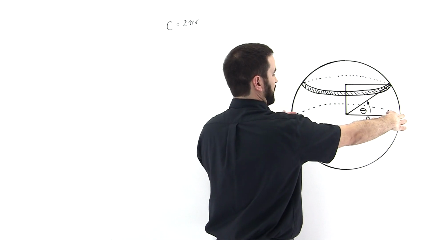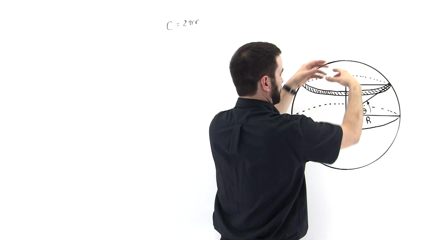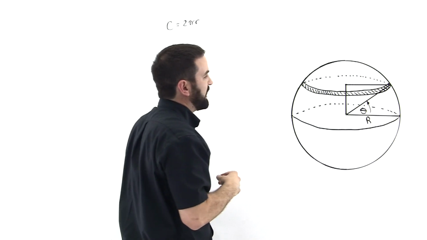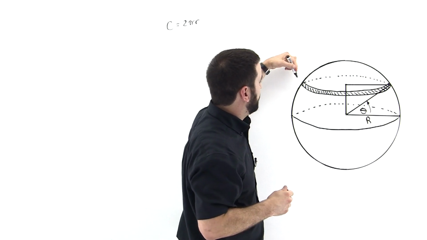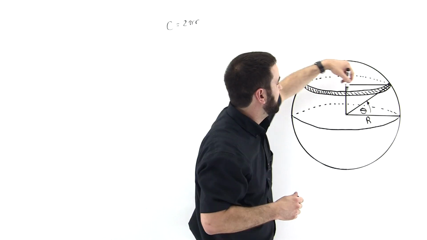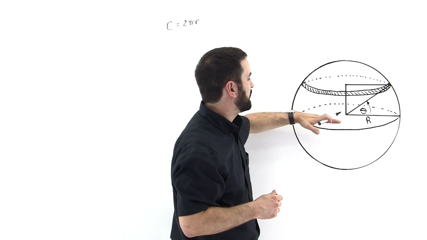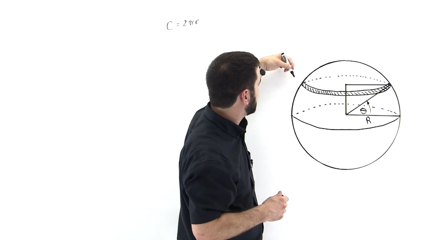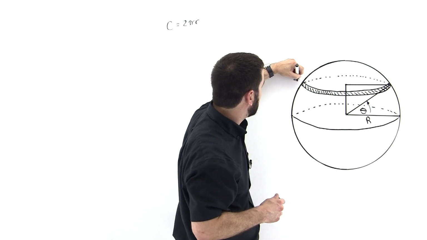But we see that the circle right there is this big, but then it gets smaller and smaller and smaller. So we need to develop an equation that relates that relationship to this smaller circle. We're going to find the circumference of this smaller circle and multiply it times some little element ds.